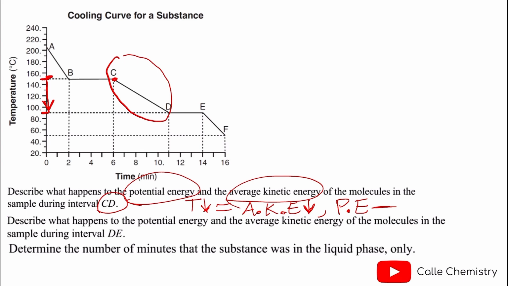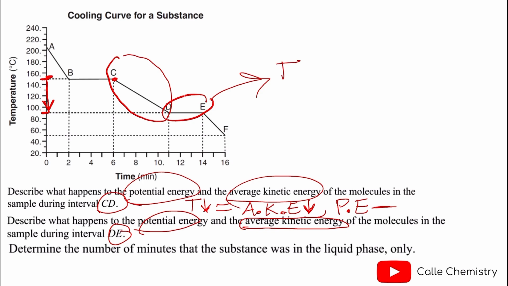Now, for the next one, it says, what happens to the potential energy and the average kinetic energy of the molecules in DE? So now we're at DE, the following line. In DE, I see that the temperature is not changing. It's at 90.